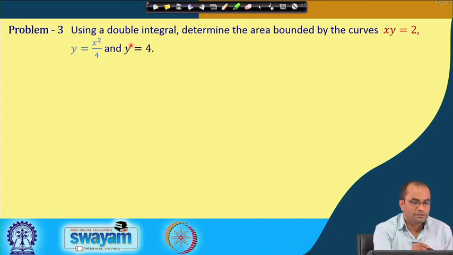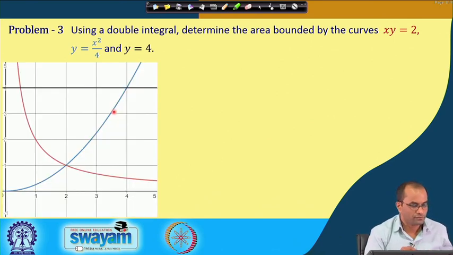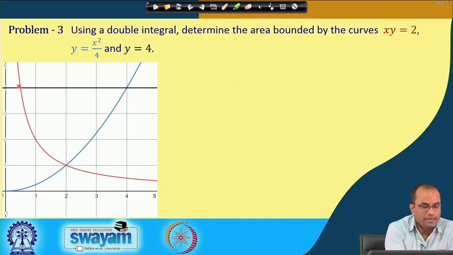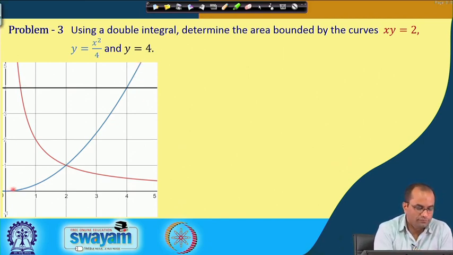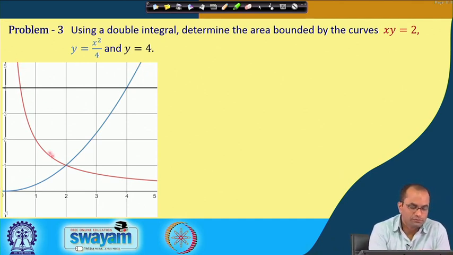So, let us look at the graphs of all these curves. We have here y is equal to 4, this straight line. We have this parabola again, y is equal to x square by 4, and then we have x y is equal to 2. Here as x is approaching 0, y will go to infinity, and when x goes to infinity, y will go to 0.